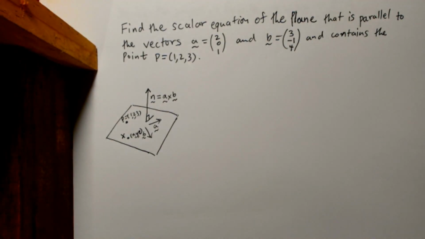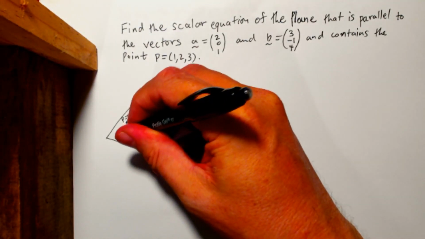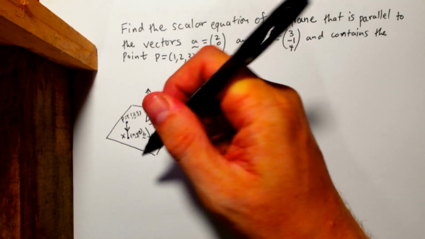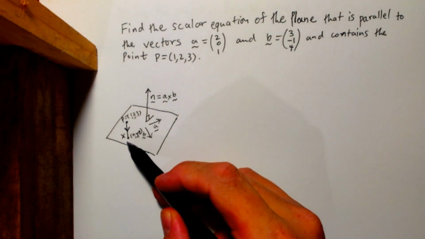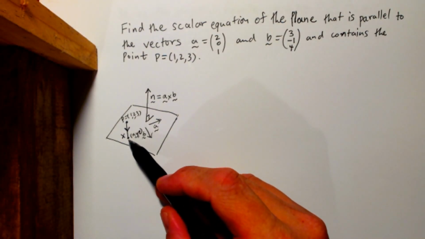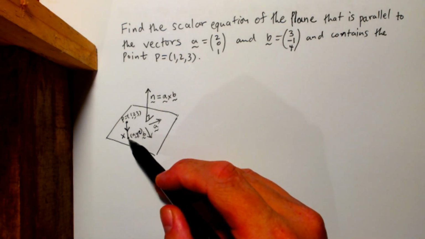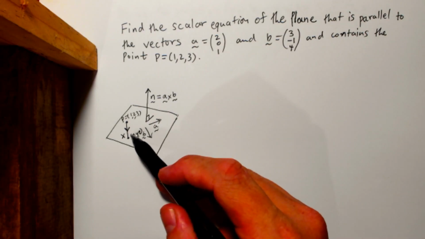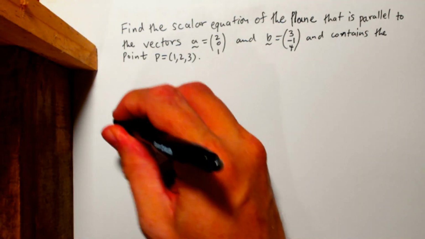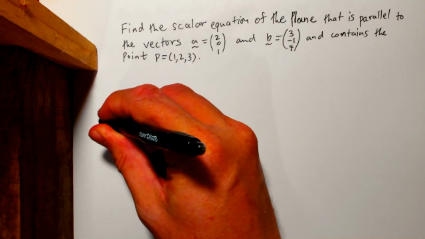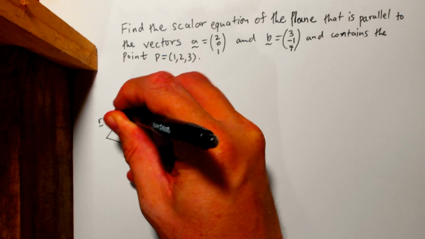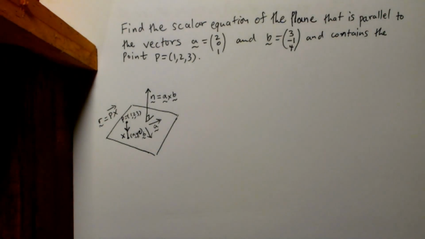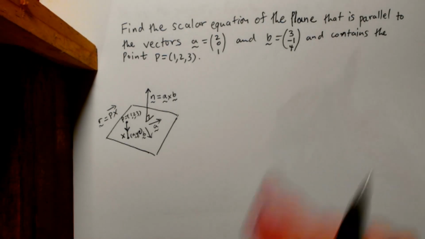And now I want to form the vector PX. Now remember, since P and uppercase X are both points on the plane, this vector PX is also parallel to the plane. So let's give it the name lowercase r equal to PX. Okay, so now we have sketched enough there to be able to complete this problem.